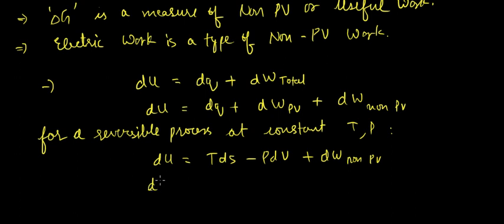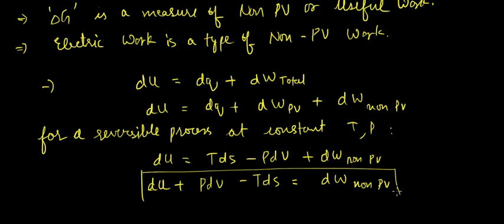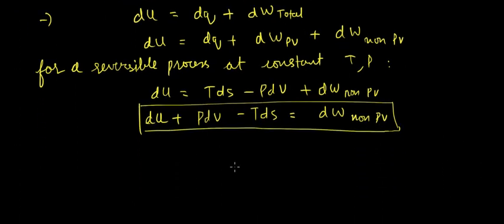Just rearranging the equation, we would have dU plus PdV minus TdS equal to dW non-PV.